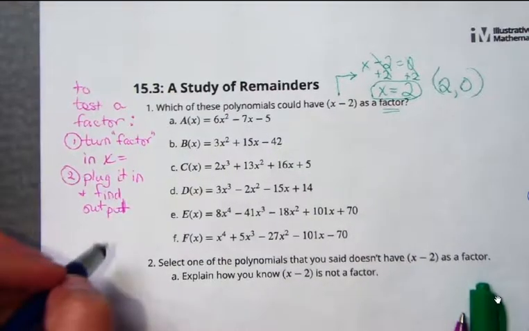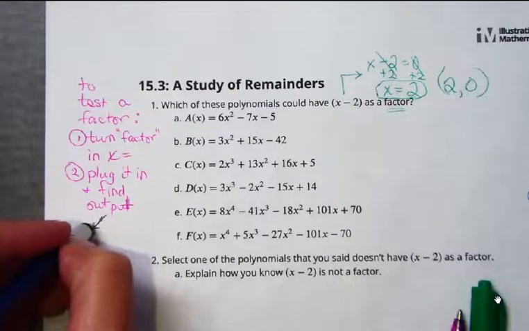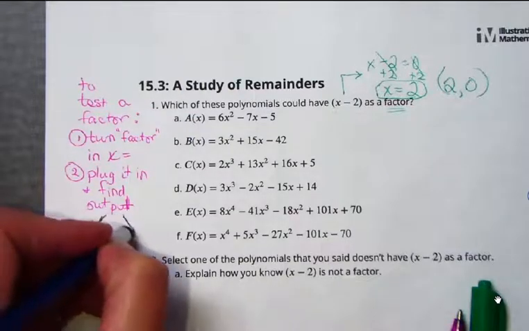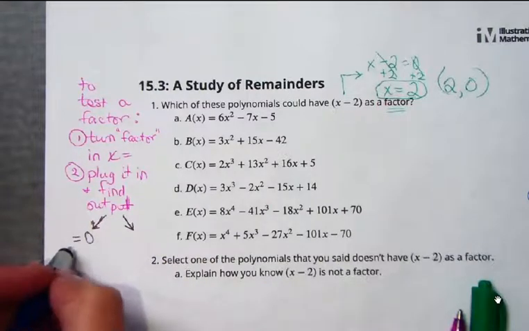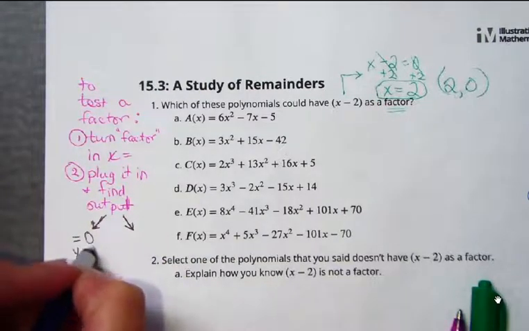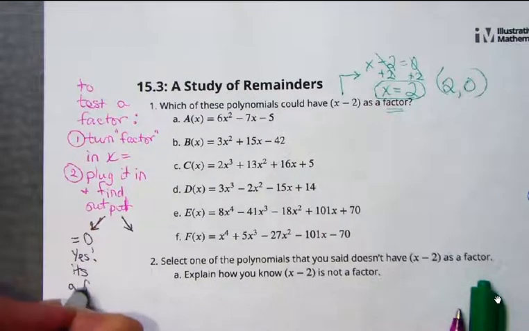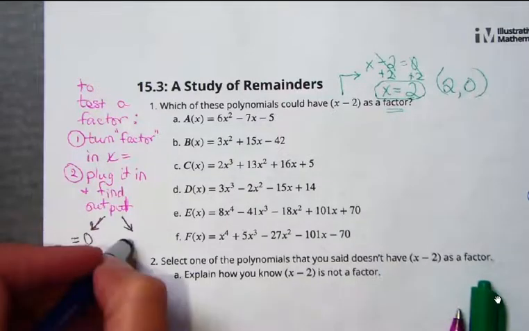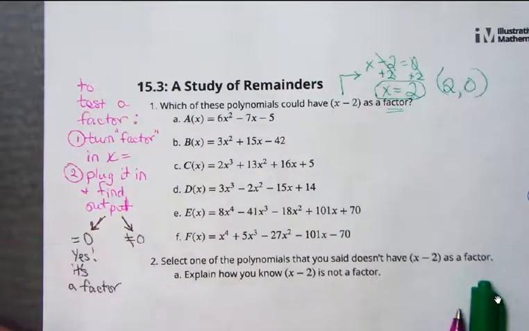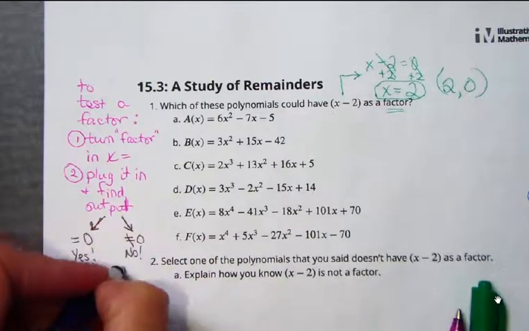And I only care if that output is a 0 or isn't a 0. What number it is is less important to me. If that output equals 0, then we're going to say yes, it's a factor. If it doesn't equal 0, meaning it equals anything else but 0, it is no, not a factor.